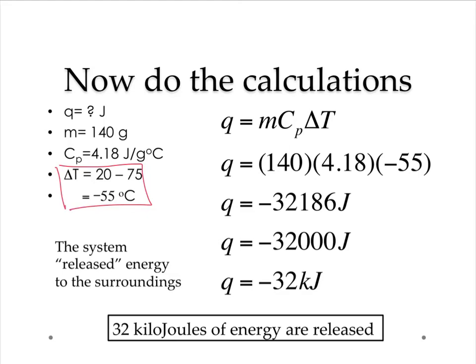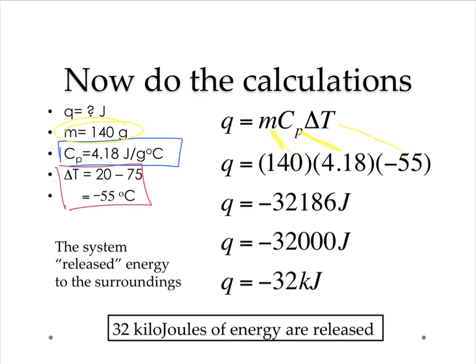Since we have liquid water, we are going to use 4.18. Our mass from our problem was 140, and we are looking for Q. So we just plug everything in. 140 goes in for mass. CP is 4.18. Change in temperature is negative 55.